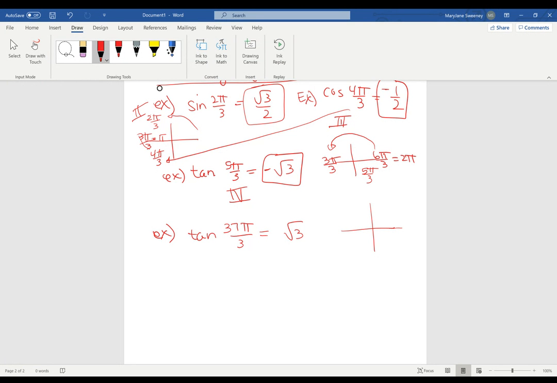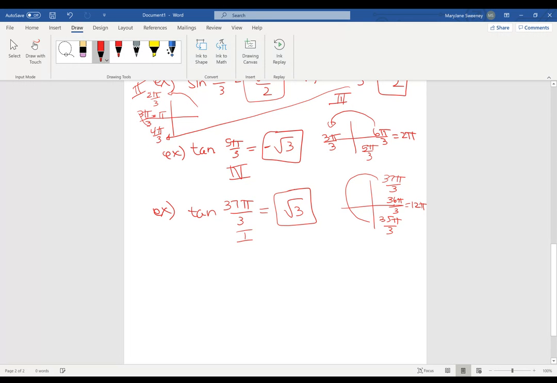Well, 36 pi over 3 is 12 pi, which is your even pi. So 36 pi over 3, which is 12 pi, is right there on the right with 2 pi, where our even pi's are. So if I'm coming around counterclockwise, we know 35 is before 36, so that'd be fourth quadrant. 37 pi over 3 is first quadrant. So we're in quadrant 1. Everything's positive in quadrant 1.